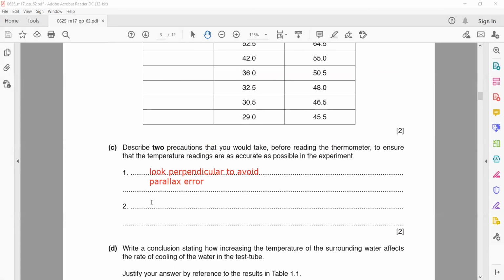We should wait for the temperature to be constant, and we should keep the thermometer at the same level every time.